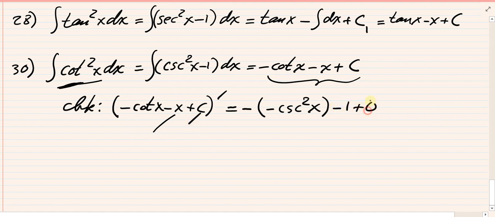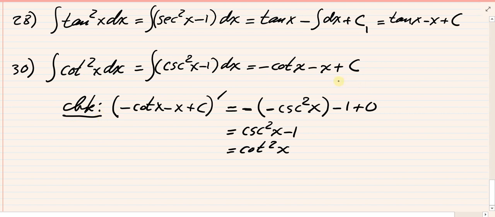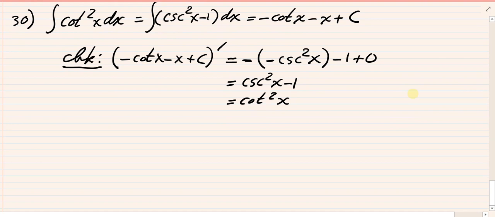Derivative of a constant is 0. Now the double negative on cosecant makes that cosecant squared x, minus 1, plus 0. And using the identity, cosecant squared x minus 1 is indeed cotan squared x, which is exactly what the integrand is. So it checks. Ordinarily, we don't check the answer, unless maybe the integrand is complicated and I'm not sure what I did was right, then we can always check it this way.